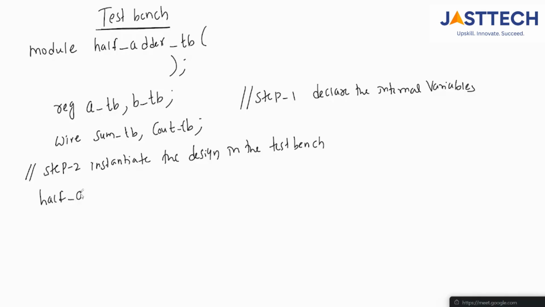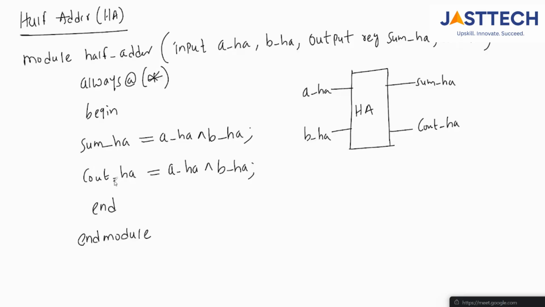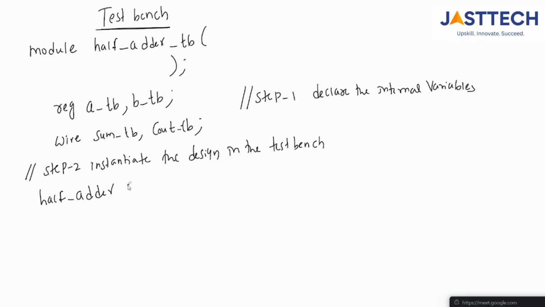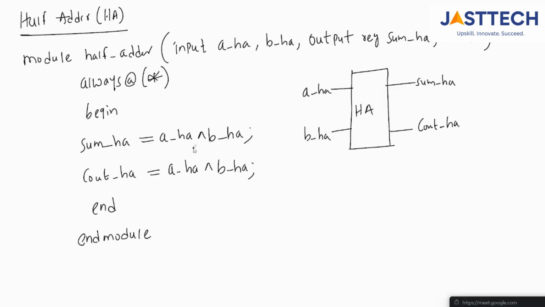See here, suppose half underscore adder is my design name. Here I wrote the design name half underscore adder and the instance name HA. I declared the inputs first, a underscore ha, b underscore ha, so the same order I need to follow.